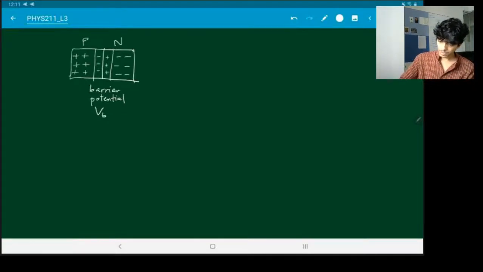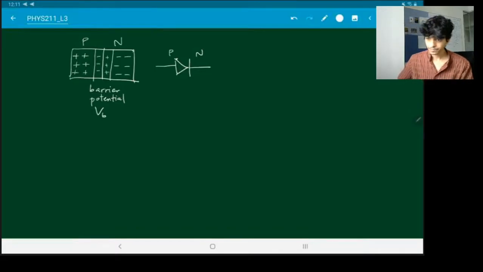What you can do, the symbol for a PN junction diode is like this. So this is the P side, this is the N side. Now there are two ways of connecting this diode.